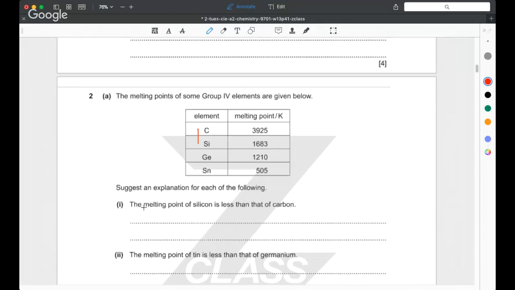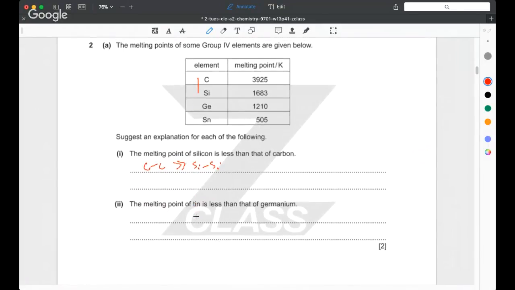And the carbon-carbon bond is much stronger than the silicon-silicon bond. And that's the reason that the melting point of carbon is greater than silicon. These carbon-carbon atoms are closer together than the silicon-silicon atoms. You have shorter bond, greater bond strength.